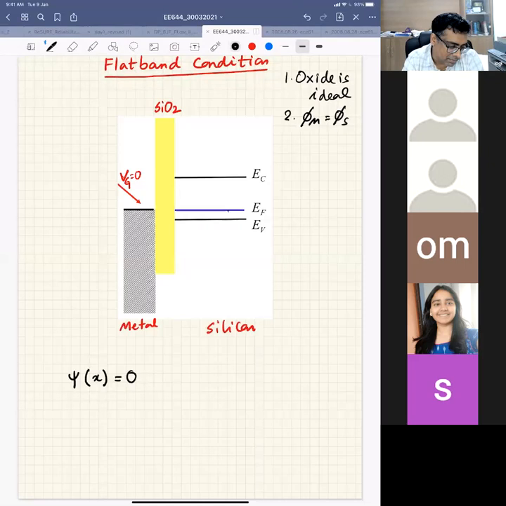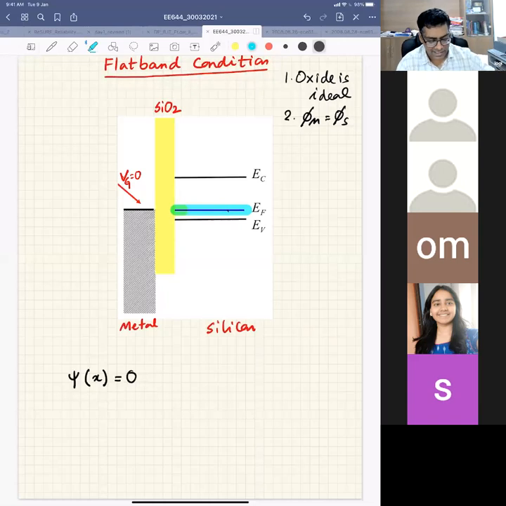So there is no current flowing, so my Fermi level will be flat. There will be no change in the Fermi level since there is no current flowing.